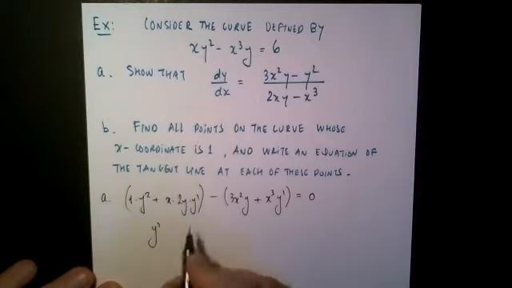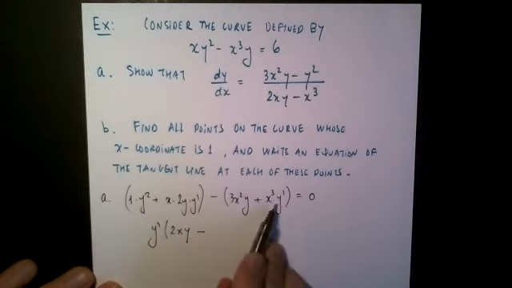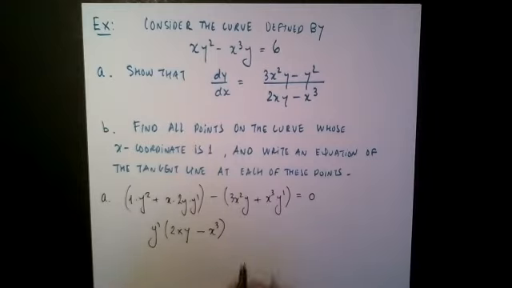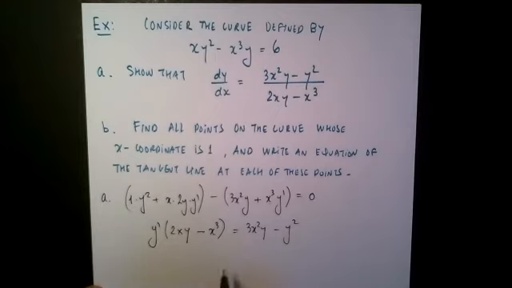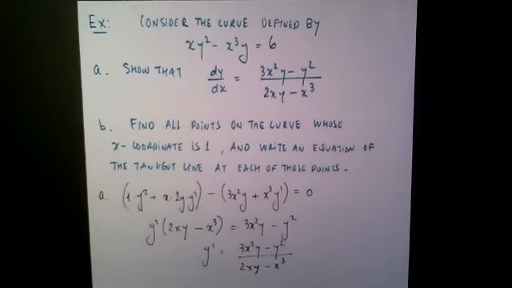So y prime times 2xy minus x cubed. Okay, this term goes on the other side, so 3x^2y minus y^2. And so y prime or dy/dx is 3x^2y minus y^2 over 2xy minus x cubed. Okay, so that proves that that's the derivative.